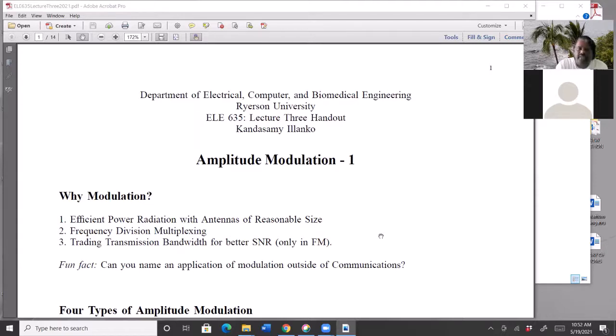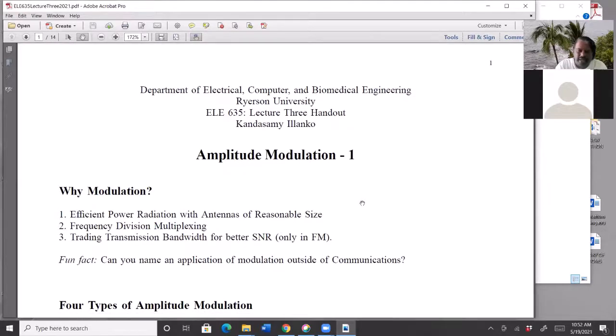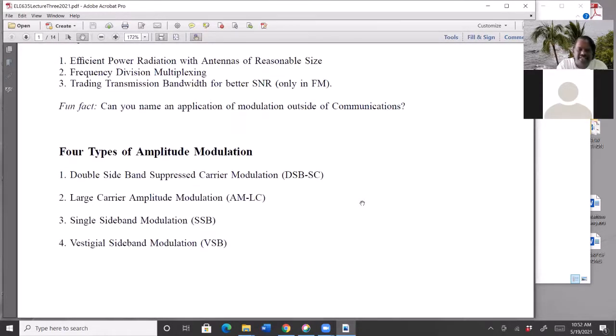All right. Now amplitude modulation itself, unfortunately, there are 4 types, but thankfully for you, because this is going fast, accelerated, students don't have plenty of time to absorb the material. I like to skip certain things.